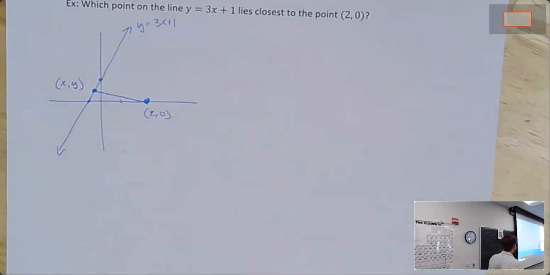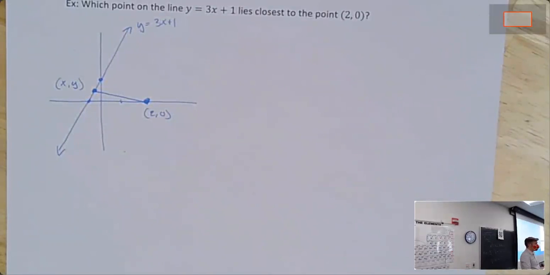But if x, y is the point that's closest to 2, 0, what should be true about the distance between them? Is it big or is it small? If it's the closest point, right? It's as small as possible. Or in other words, we need to minimize the distance between the 2 points.